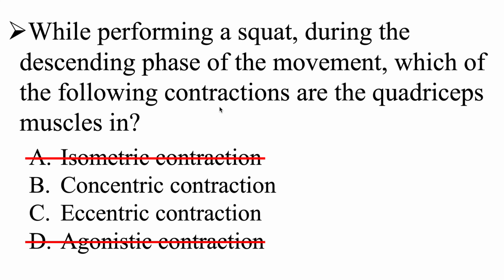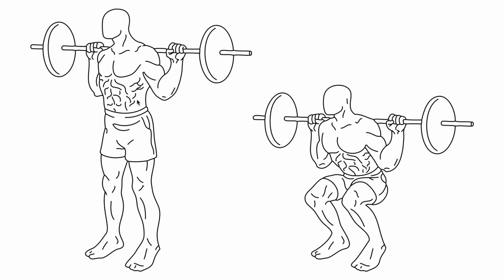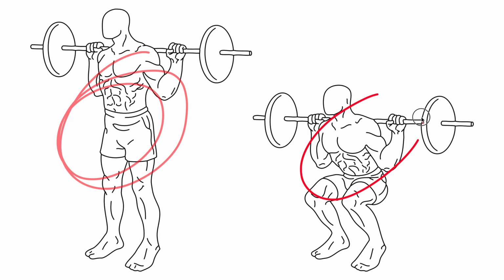We are looking for the contraction that the quadricep muscles are in during the descending phase of the movement, which is going to be a squat. So let's take a look at a squat. Here is the squat, and this is the upward movement, and here is the downward movement. So here's the ascending, and here is the descending phase.